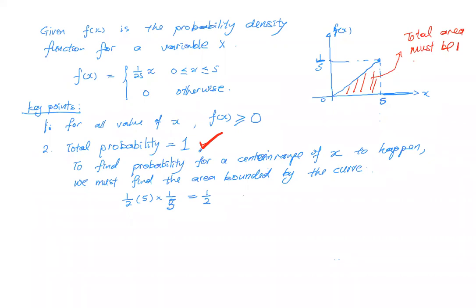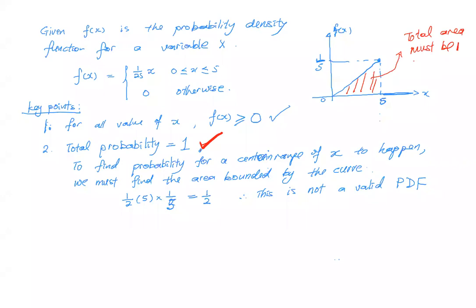So therefore, this is not a valid probability density function given f(x). Remember, it must be equal to 1. So you must check these two. It must satisfy both.